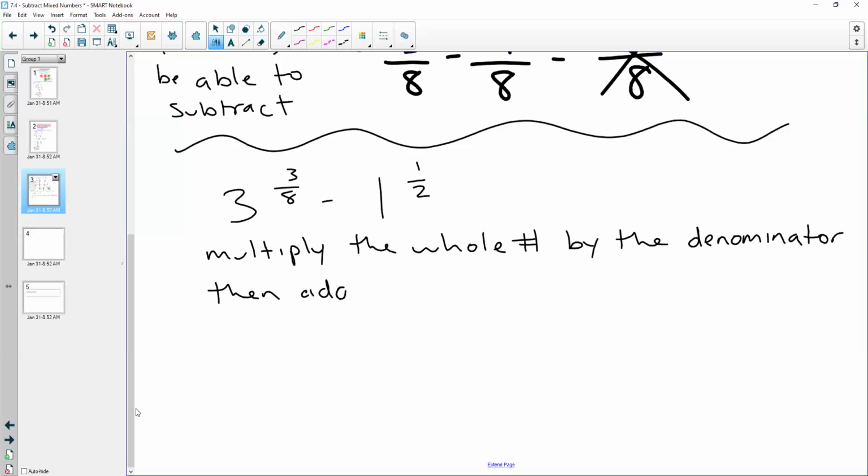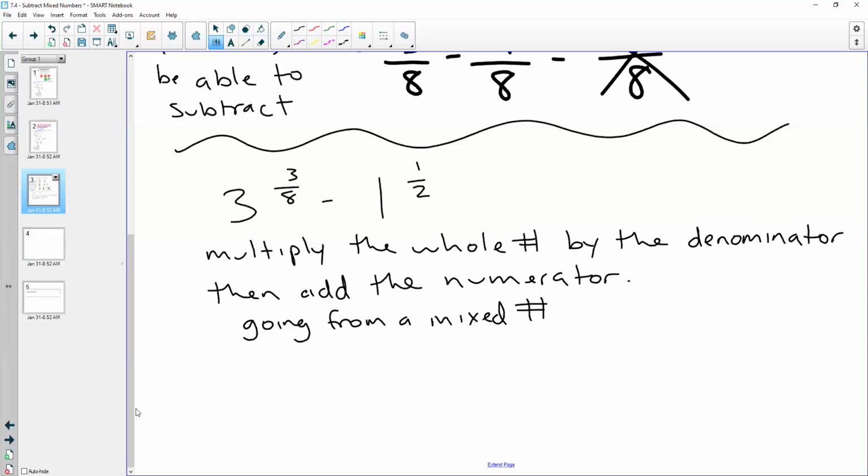Then add the numerator. So this is when we're going from a mixed number to an improper fraction.